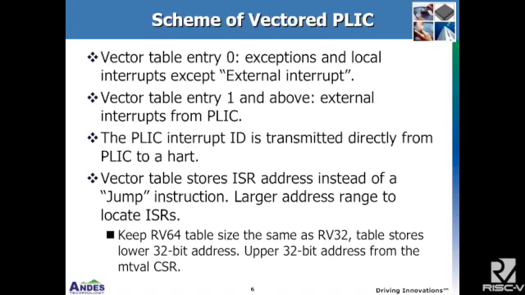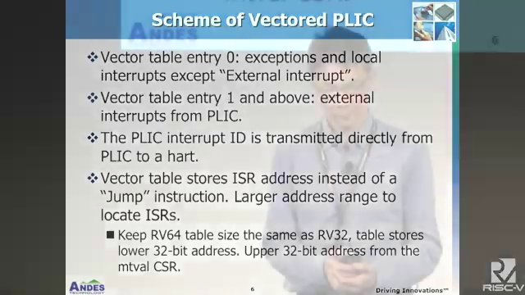With this extension, the PLIC interrupt ID has to be transmitted directly from the PLIC to the target. We also changed the vector table scheme a little bit. Instead of storing a jump instruction with a limited immediate range to an instruction address, we want to increase the address range to reach an ISR.